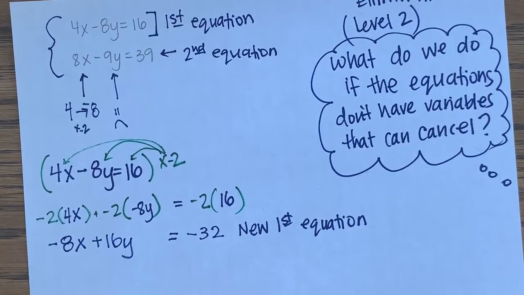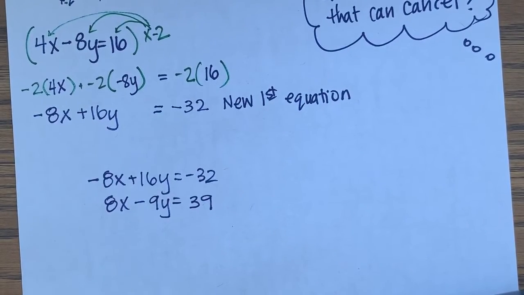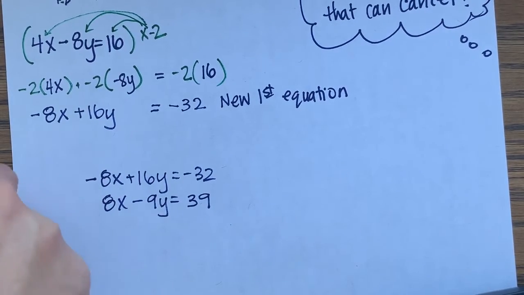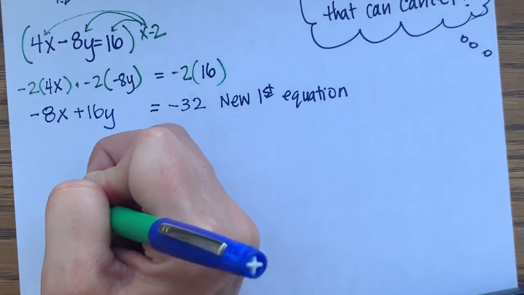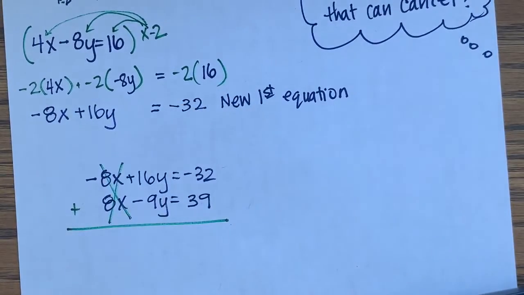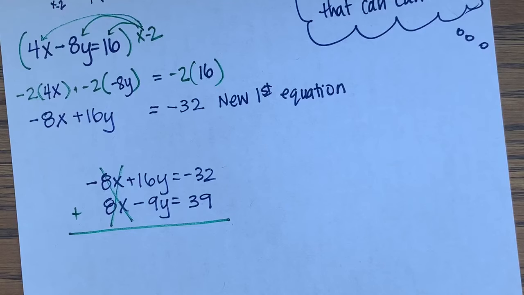Except now, these equations look a lot more like something I want to cancel. So when I line them up and I add them, the negative 8x and the positive 8x canceled, which was by design. So hopefully they cancel. Then I have 16y and negative 9y.